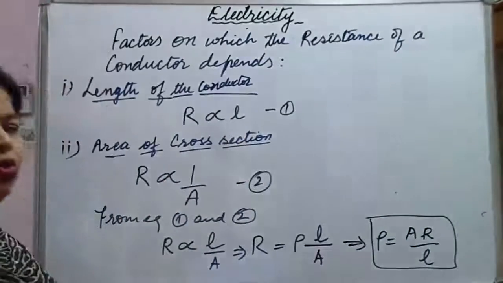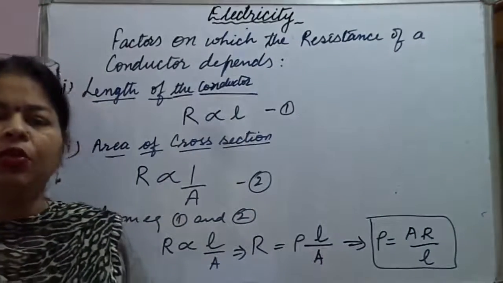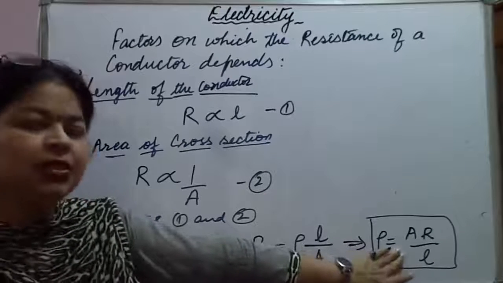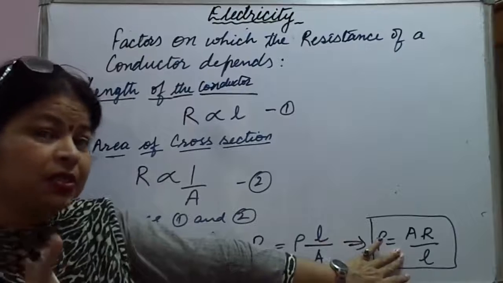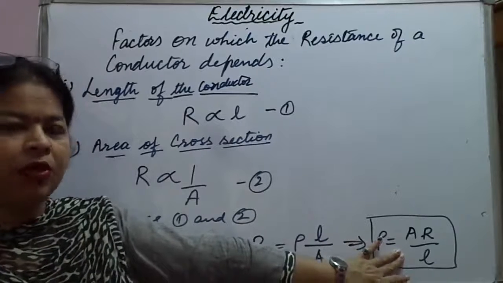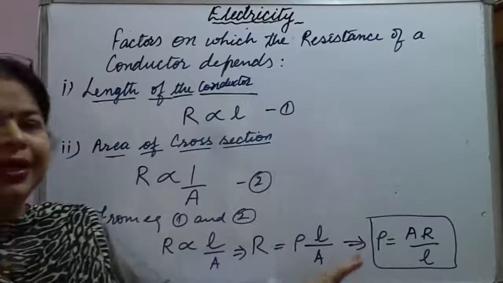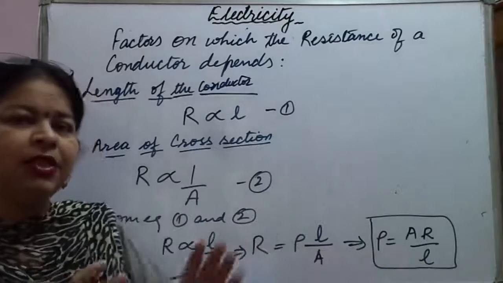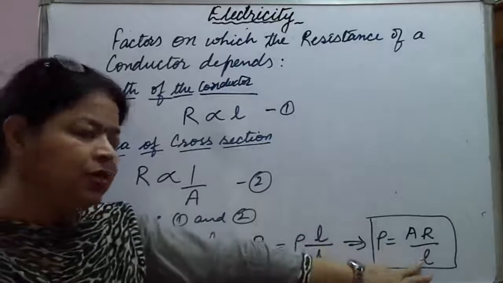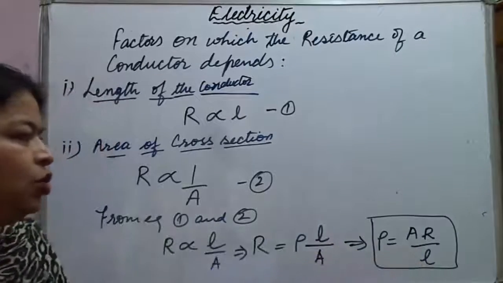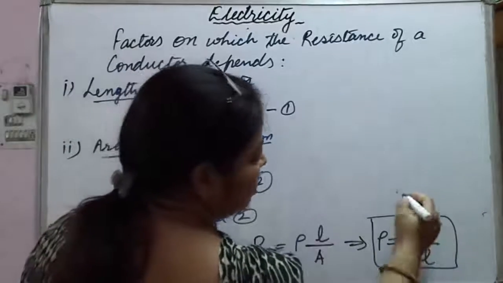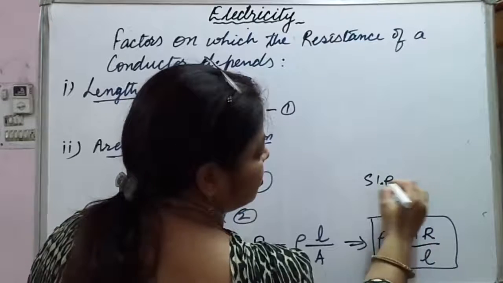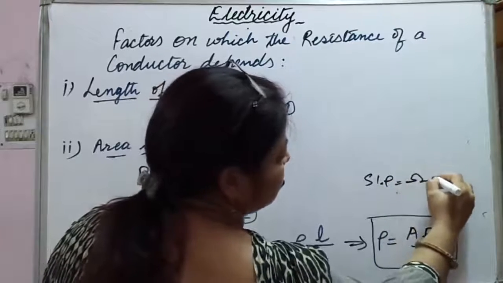Now what is this rho? Rho is known as resistivity. Resistivity is the same for all metals but resistance changes. Okay, why? Because of the factors that we are talking about. But resistivity is, for a particular length, area into resistance upon length. And what is the unit of resistivity? The SI unit of resistivity is ohm meter.